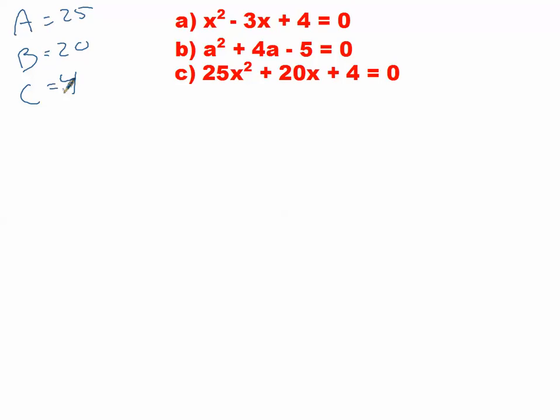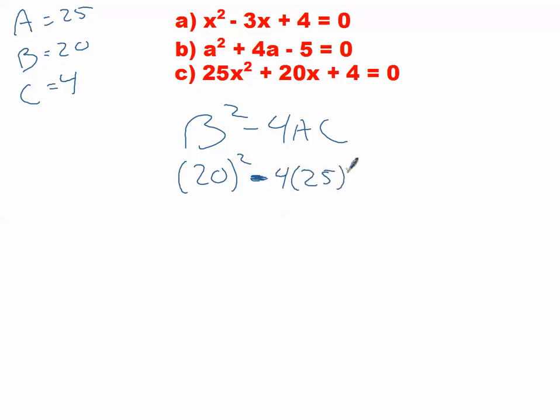All right. And our discriminant, you'll remember, is b squared minus 4ac. So our b value is 20 squared, minus 4 times our a value, which is 25, times our c value, which is 4. What is 20 squared?